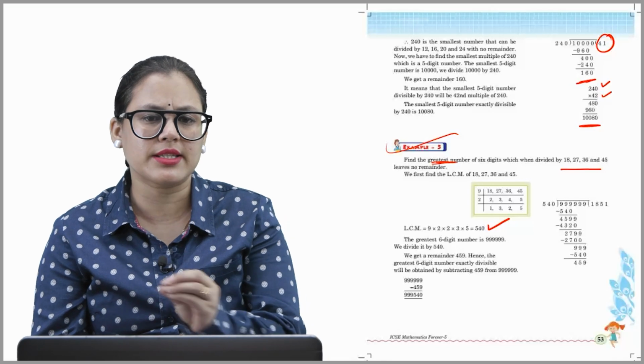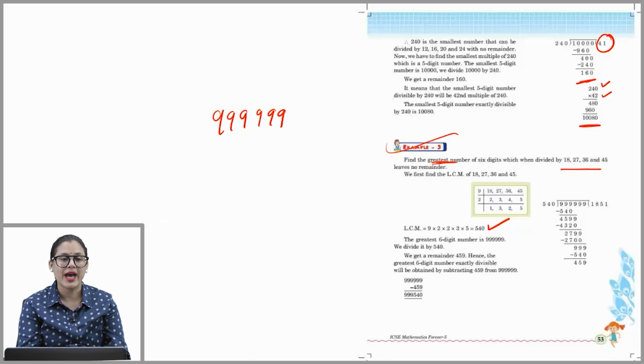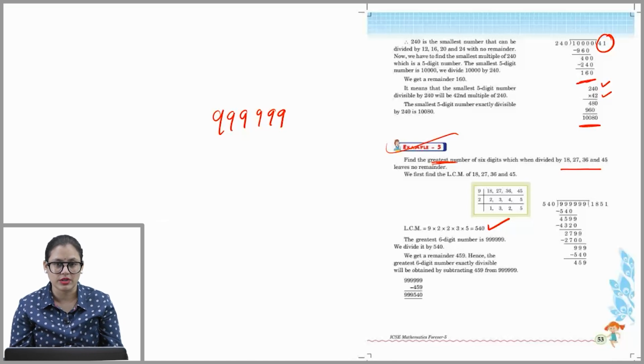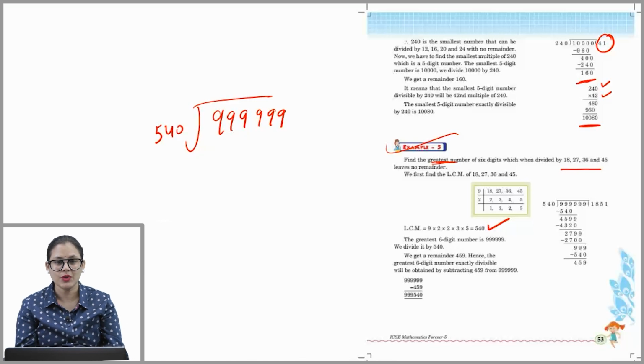Now, the greatest 6-digit number is what? 999999. This is the greatest 6-digit number. We have to find the greatest 6-digit number, so we will divide it by 540. And after dividing, we get a remainder 459.